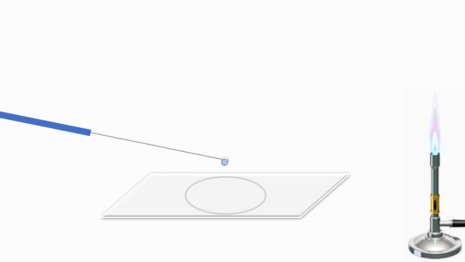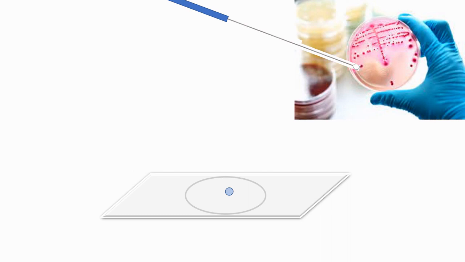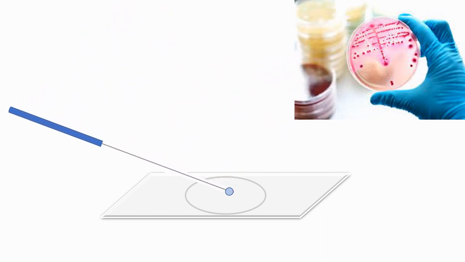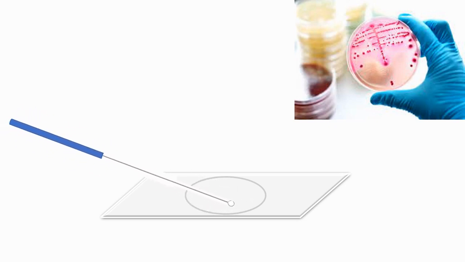Transfer the drop to the center of the slide. Sterilize the loop again and after cooling, pick a small portion of a colony and transfer it to the drop of water on the slide. Spread the bacteria mixed in water or saline evenly to fill the circle.